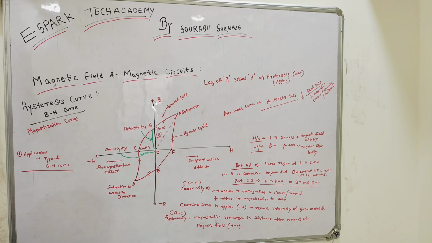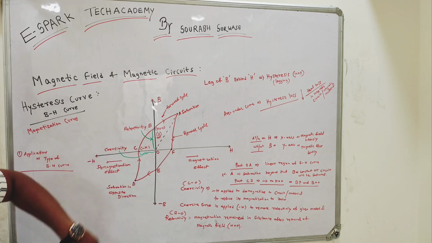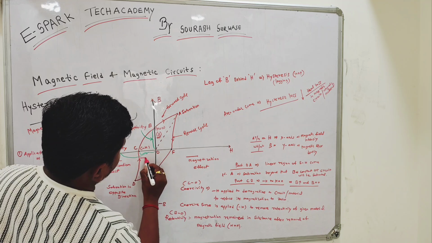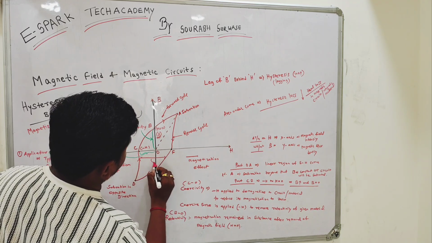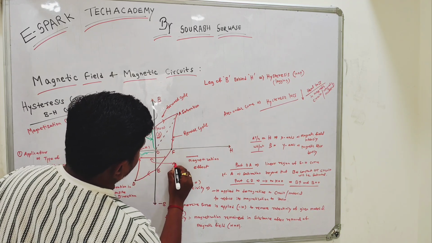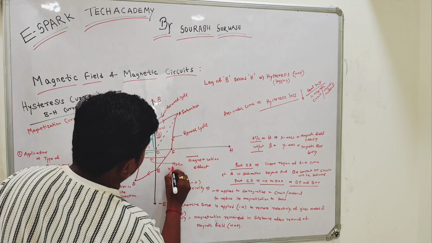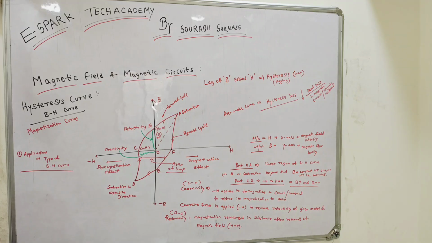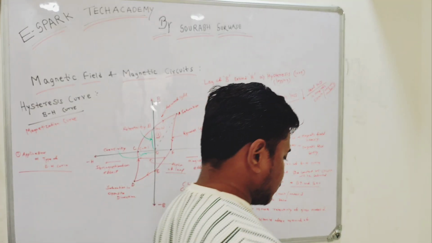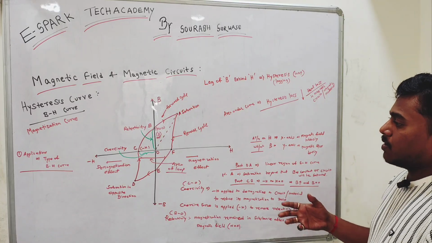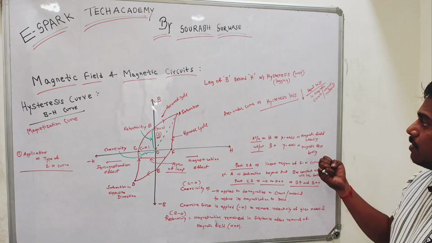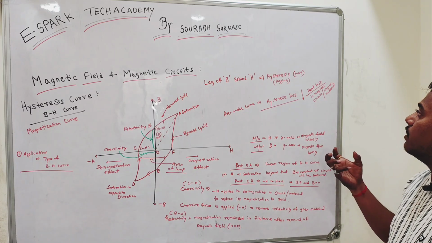And hysteresis loss is nothing but the area under the curve. It will have a specific area of this whole loop. It is the area of the loop. Hysteresis loss is a loss which takes place due to the magnetism of that material and the magnetic field.